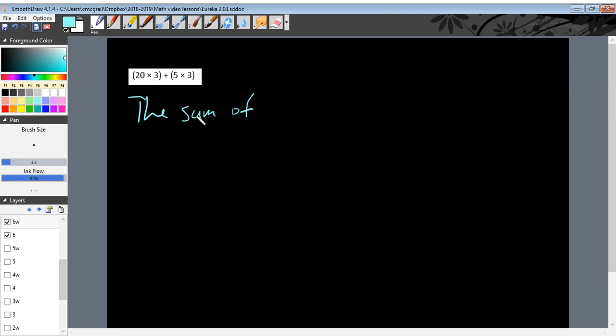I could say the sum of the product of 20 and 3, but I think it would just be easier if I use the same language from problem 3. So the sum of, well, it's 3s, and there are 20 of them, so 20 3s. And 5 threes. I could also say the sum of 3 20s and 3 5s.